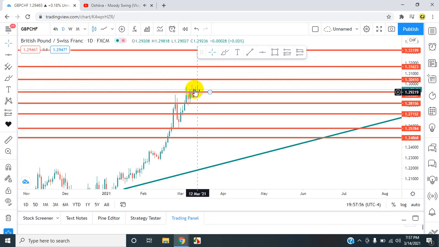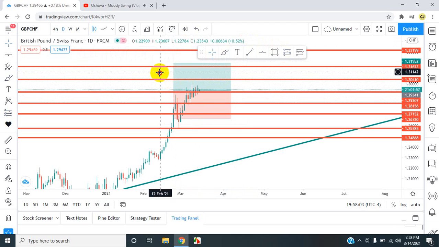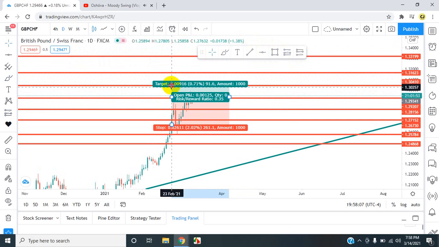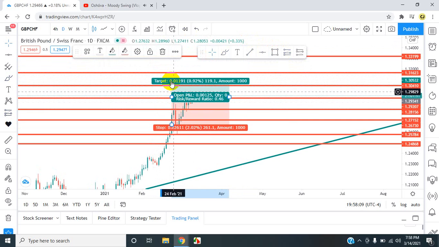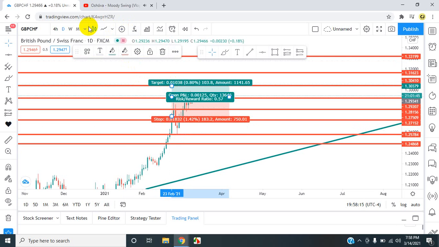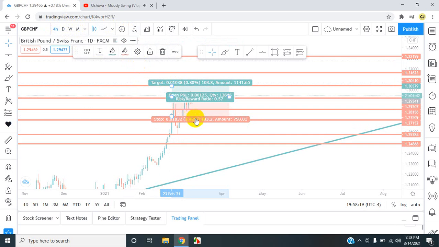If we see that engulfing here and it happens, let's say we took that trade and take it to the next level, that will give us a total estimate of about 103 pips on the way up, which is an amazing move.